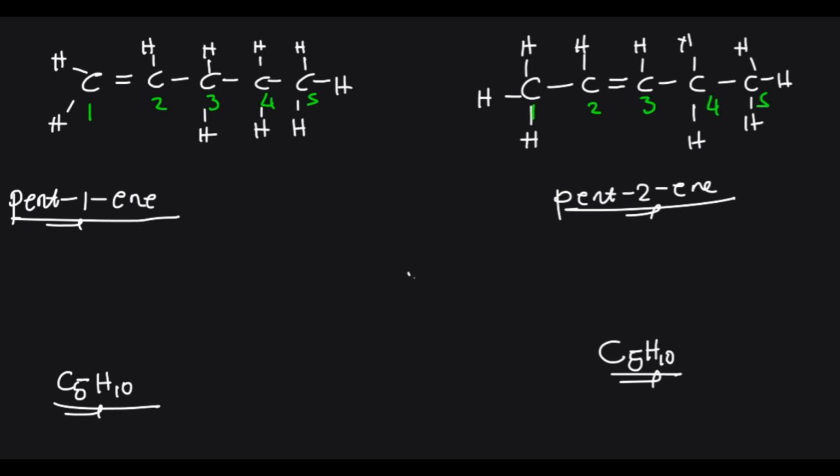Okay, now we can move away from the isomers. Let's look at some of the chemical properties of alkenes. The first chemical property of alkenes is that they undergo combustion. Combustion is a reaction of an alkene, or any substance, with oxygen.